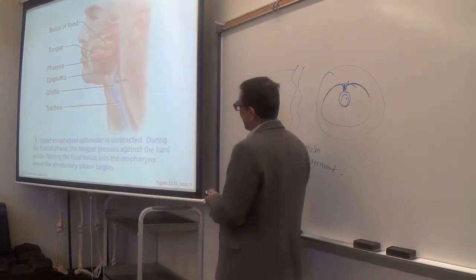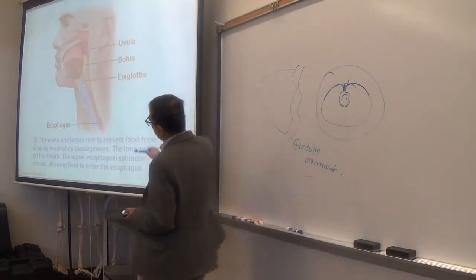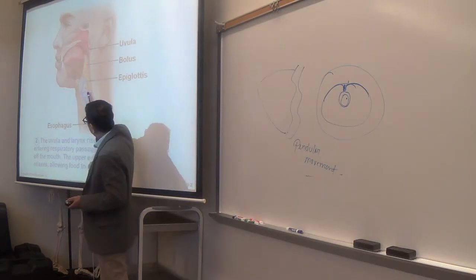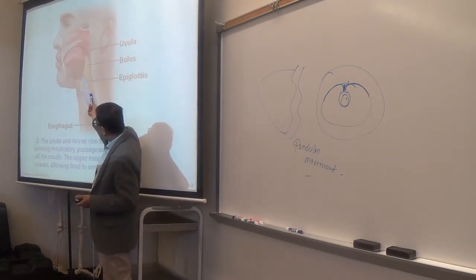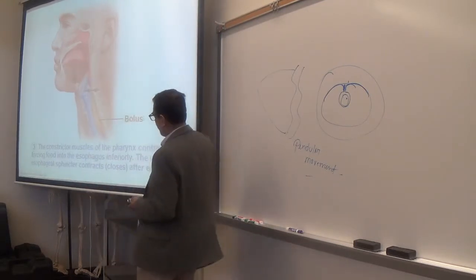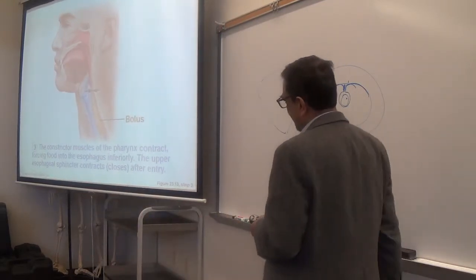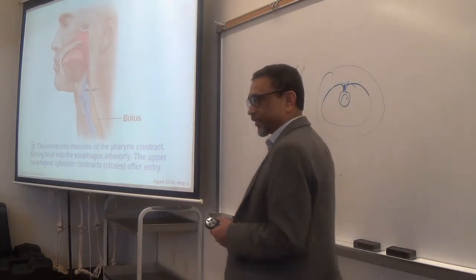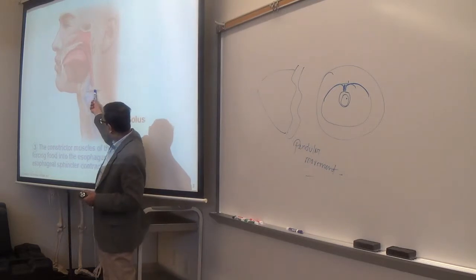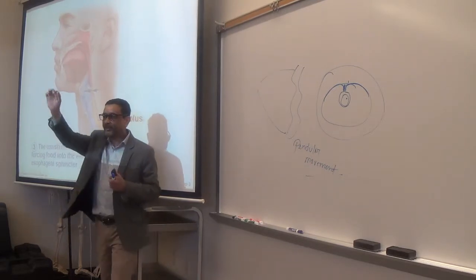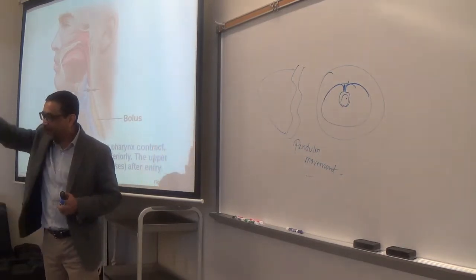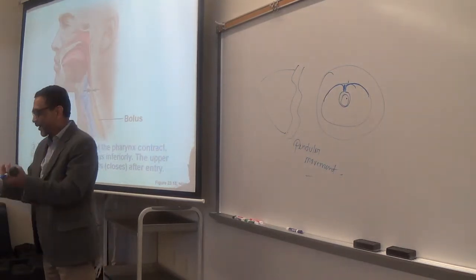Next, let's see. When the food bolus passes through the pharynx, the upper esophageal sphincter gets opened. So the food bolus enters into the esophagus. Now you see the food bolus is already inside the esophagus, right? And when the food bolus enters into the esophagus, the upper esophageal sphincter gets closed. This is important because food should go downwards, right? It should not come back.